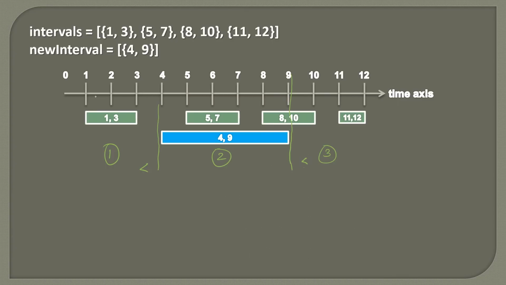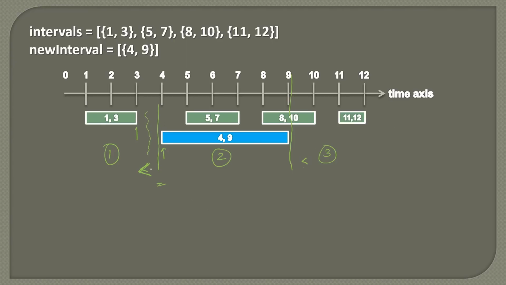First we have to take all the intervals which are part of region 1, and all the intervals which are part of region 1 will satisfy this condition, that their end time, let's say this part, is less than the new interval start time. It means they are not overlapping, there is a gap. So this less than condition is helpful. If they become equal, then they actually overlap and we have to merge them.